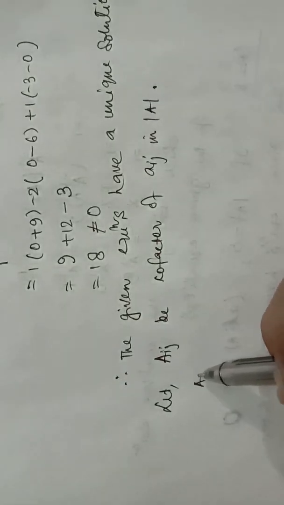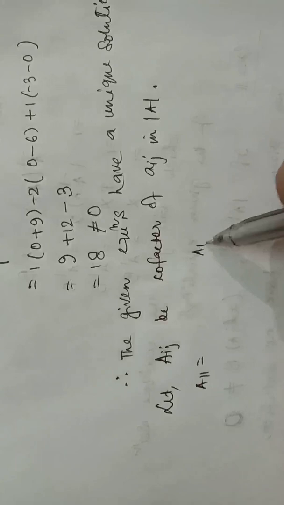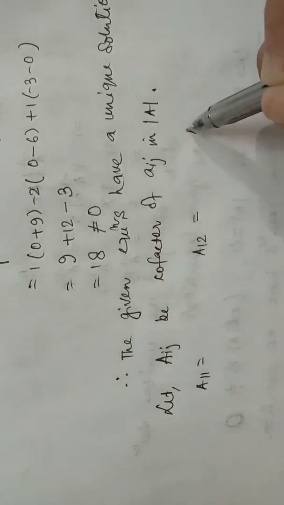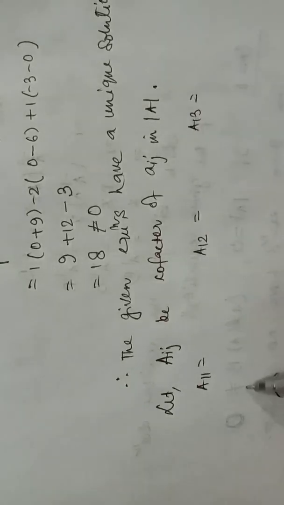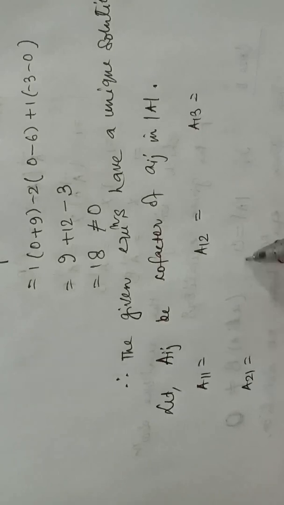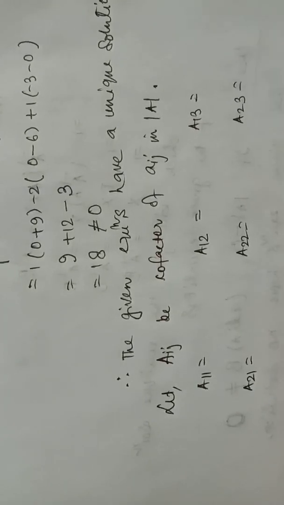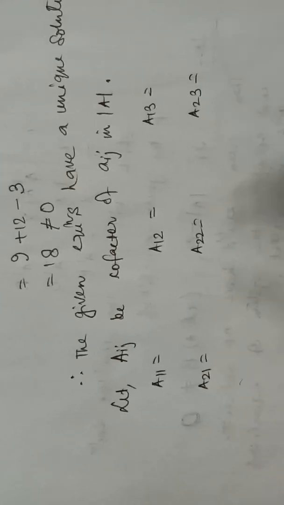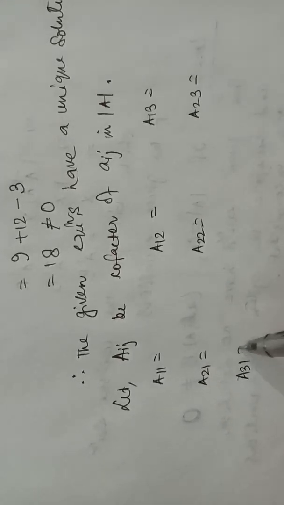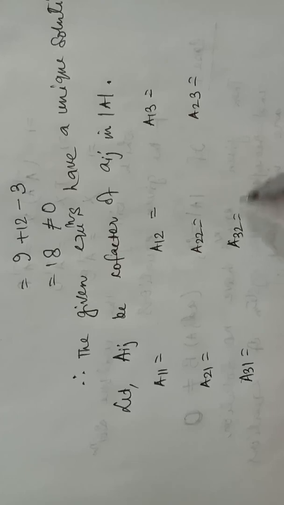One by one I will find the cofactor of each element A11, A12, A13, and you know how to find cofactors. We have done this earlier: A21, A22, A23 and A31, A32, A33.